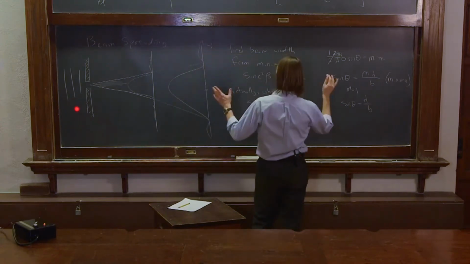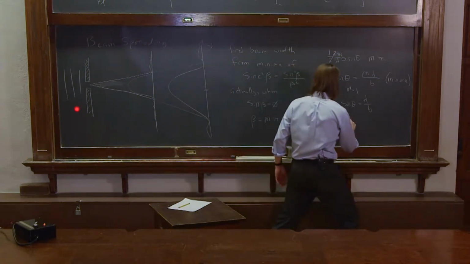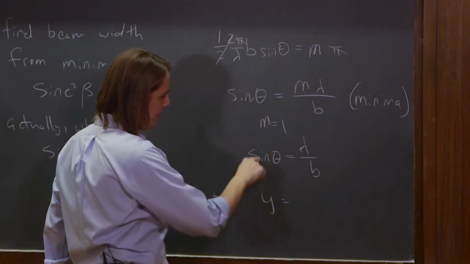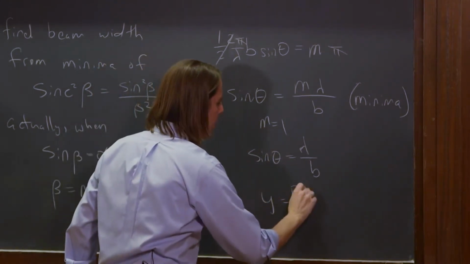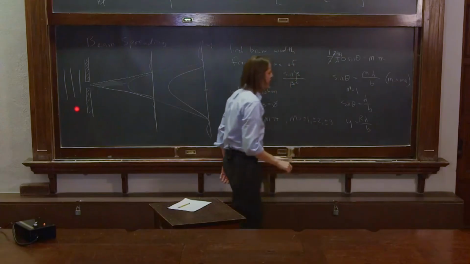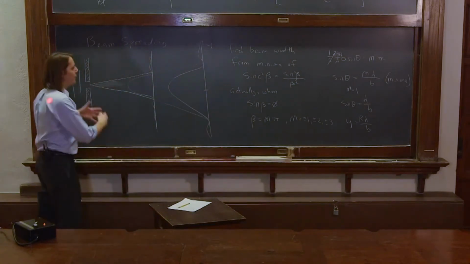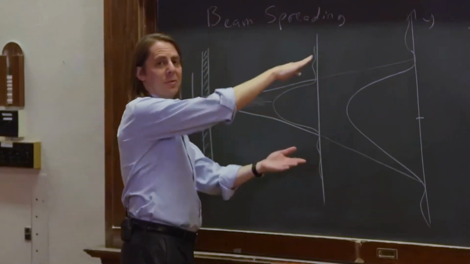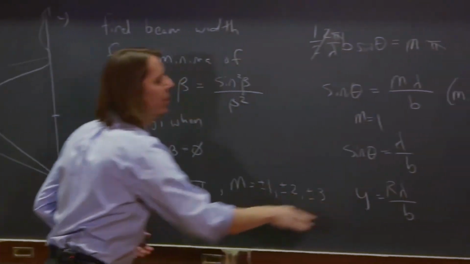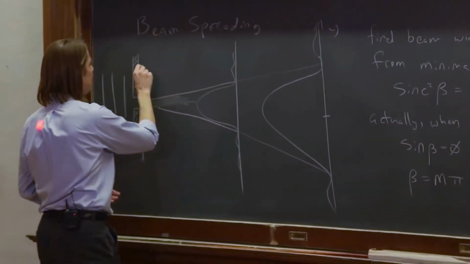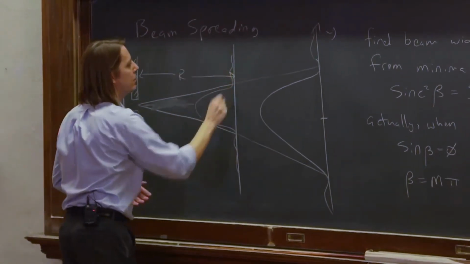So y over R equals lambda over b, so y equals R times lambda over b. So the farther out you go, the higher the minima is going to be. The longer we make R, the higher it's going to be. So if this is R.